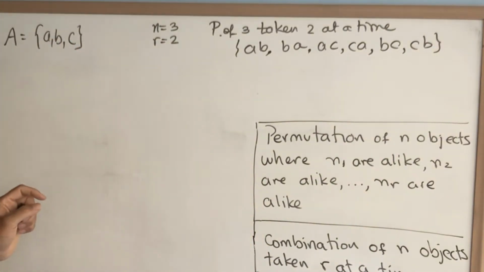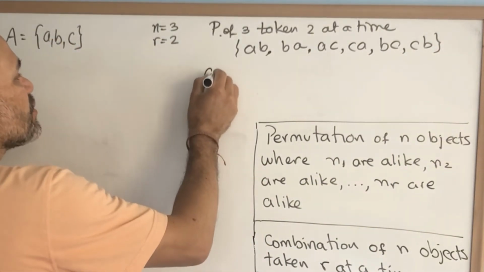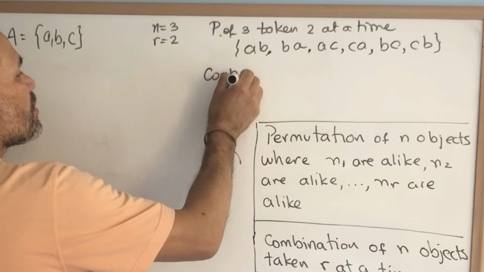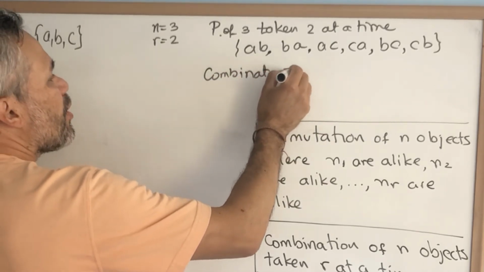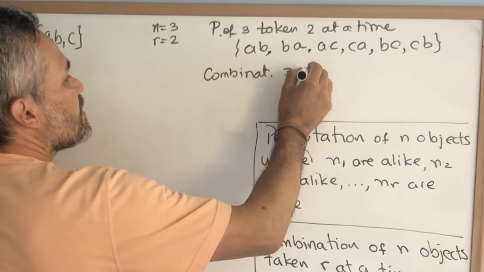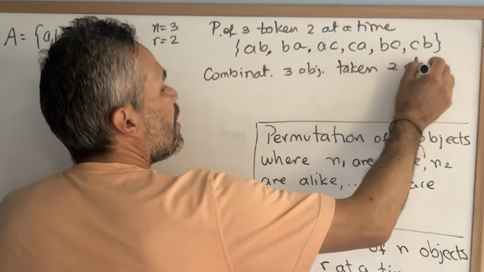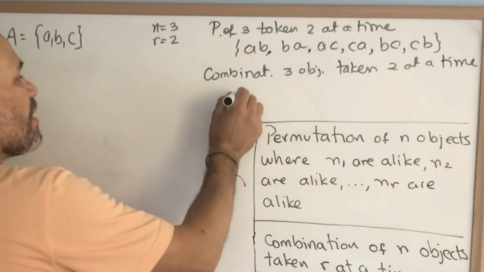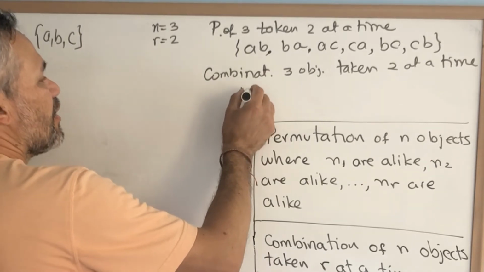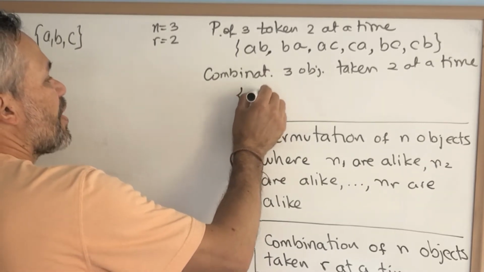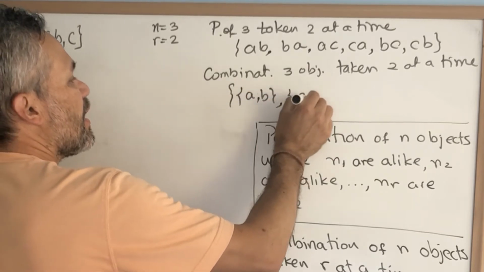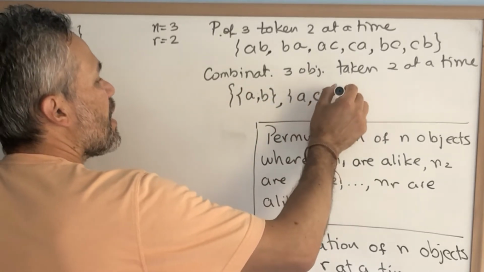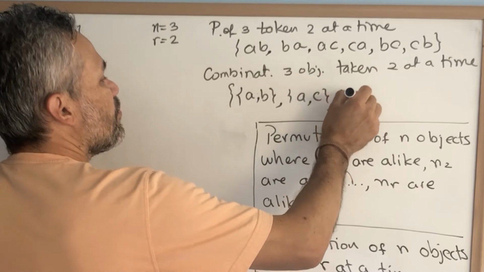But if we are going to talk about combinations of 3 objects taken 2 at a time, then we will have the sets AB, this is one possibility, AC, and BC.